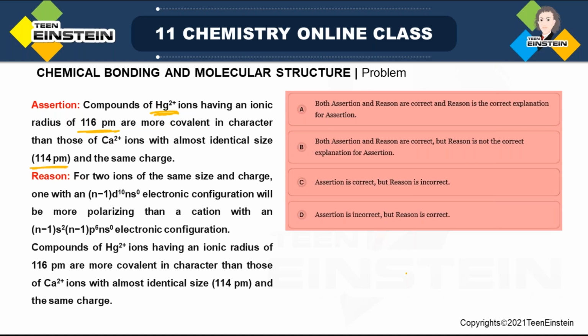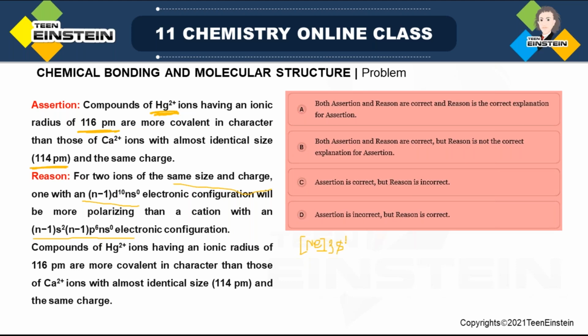And in the reason, it is mentioned that for two ions of the same size and charge, one having this type of configuration will be more polarizing than a cation where this other type of electronic configuration is present. Now, if you are wondering what this n-1 d, n-1 p6 is, just remember in the case of sodium, after neon we have 3s1.